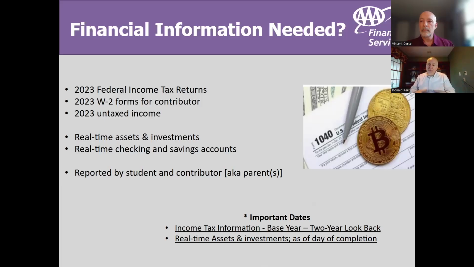So gather this information ahead of time, have it by your side. Hopefully, some of it you won't need when I tell you about a wonderful process they've created in the last couple of years. But it's great to have as backup, and you absolutely will need your information on the assets and investments in your checking and savings accounts.